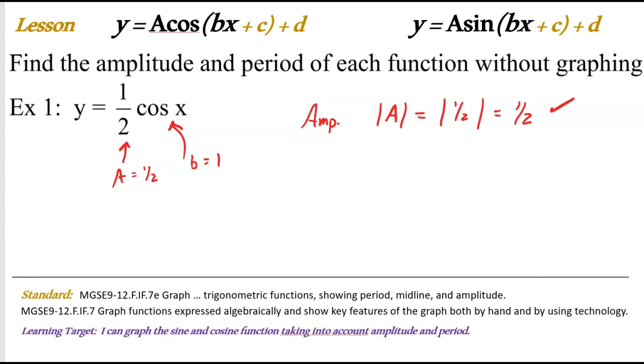Okay, what does that look like on the graph? We'll do some examples in a minute. The period is always 2 pi over the absolute value of b. So 2 pi over the absolute value of 1, which is just 1, which is just 2 pi.